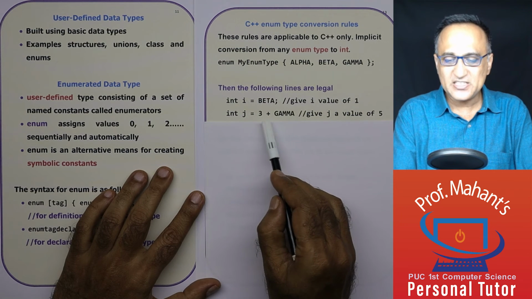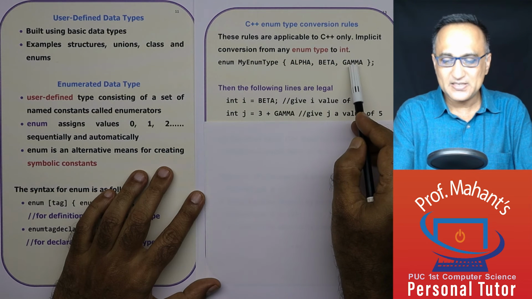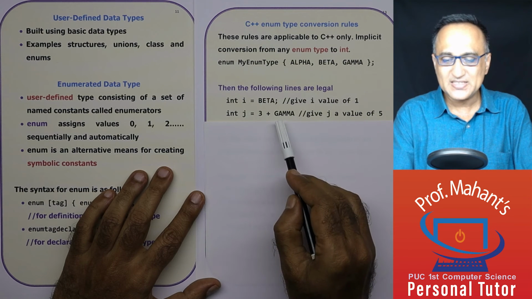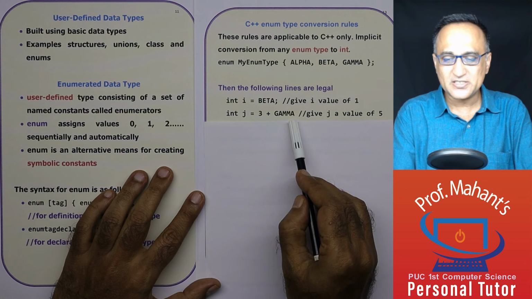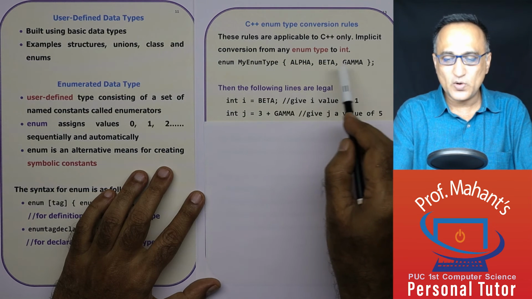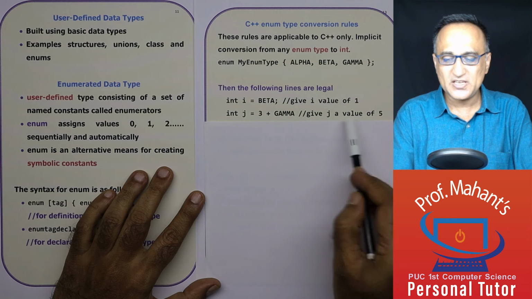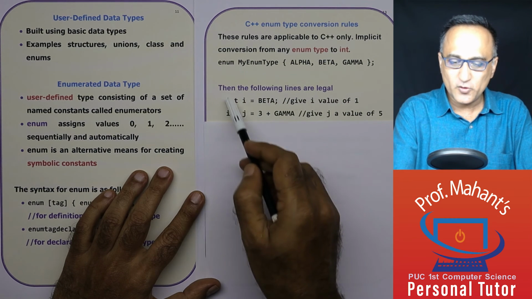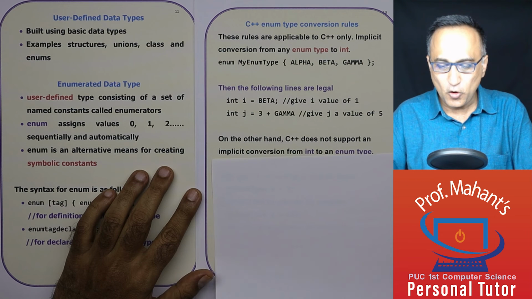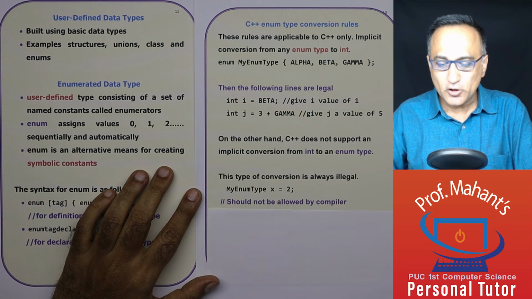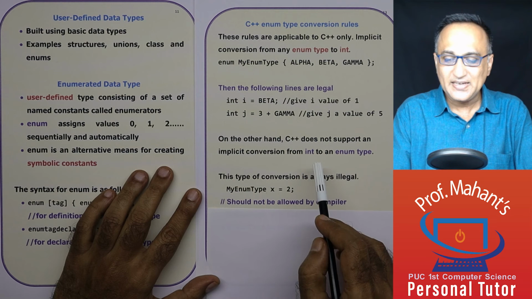I say int j is equal to 3 plus gamma. Gamma is 0, 1 and 2, so gamma is 2. 3 plus 2, j is equal to 5. So you can do such things using enums. Now, on the other hand, you cannot implicitly convert an int to an enum.